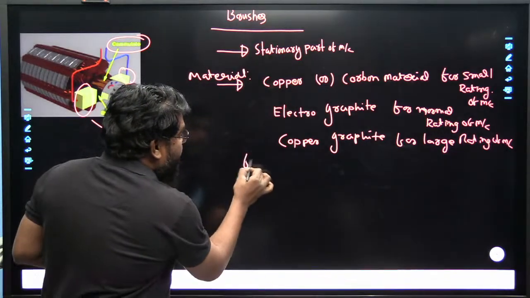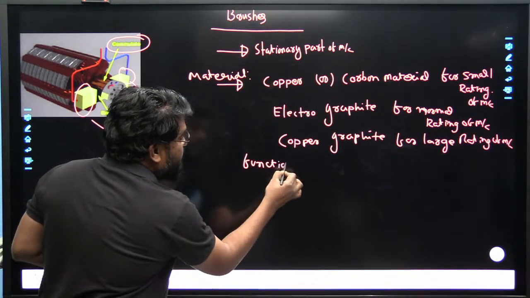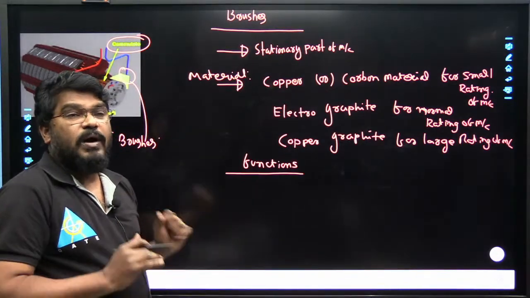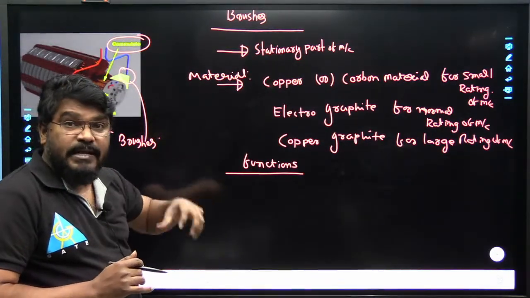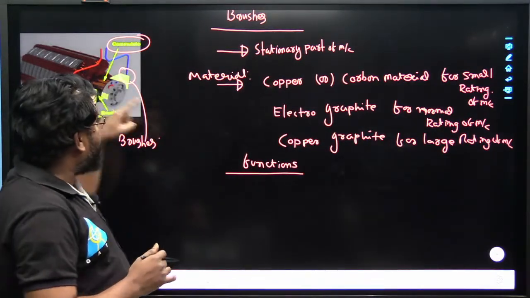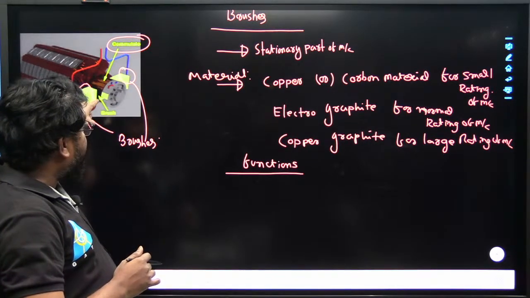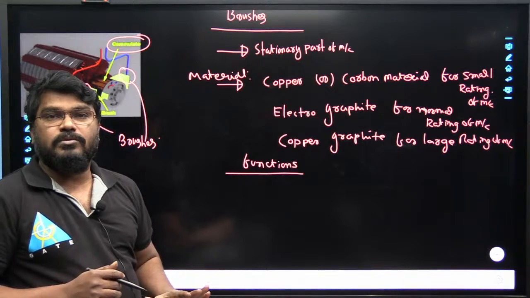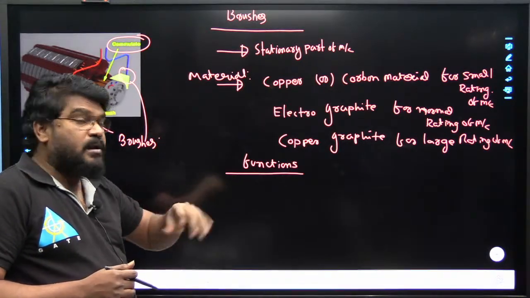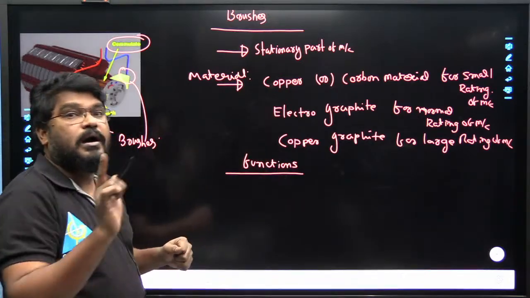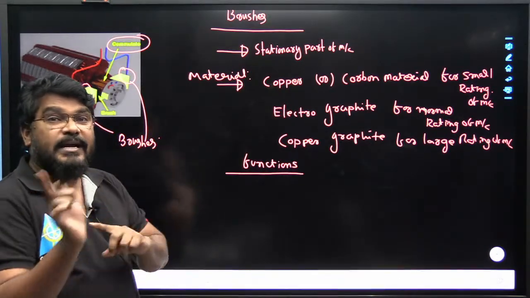And what are the functions of the brushes here? We have 2 functions. In case of the generator, the brush collects the current from the commutator and delivers it to the load. In case of the motor, the brush collects the current from the source and delivers it to the commutator segment. That is exactly the reverse function.